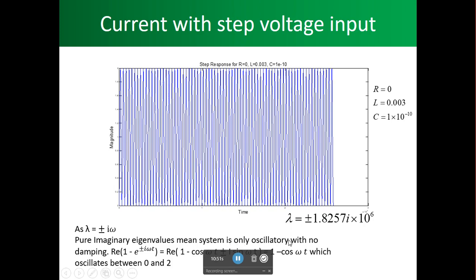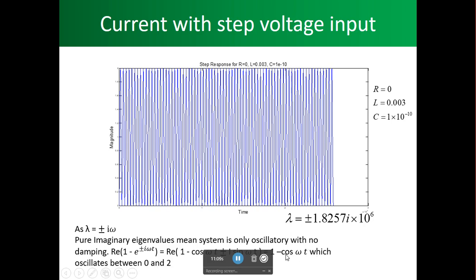Since we're only looking at the real part, the imaginary part drops out, the sine drops out, and we just have 1 minus the cosine of omega t, which oscillates between 0 and 1.